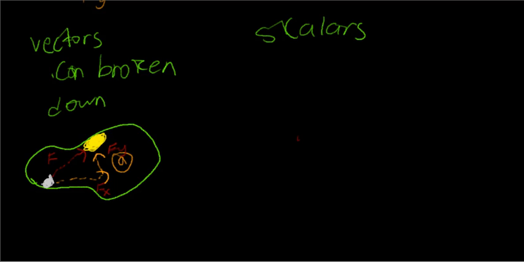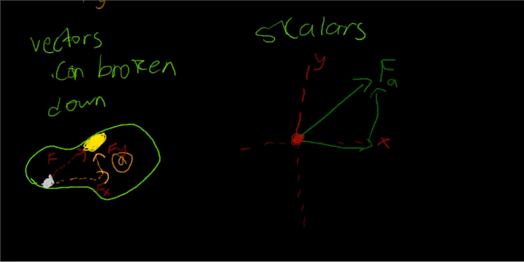Here's the y-axis, and then another axis, the x. Our example would have a force going like this, and we'll call that force applied. We can break up the force applied into a force that goes along the x-axis and along the y-axis. These two things are the same.